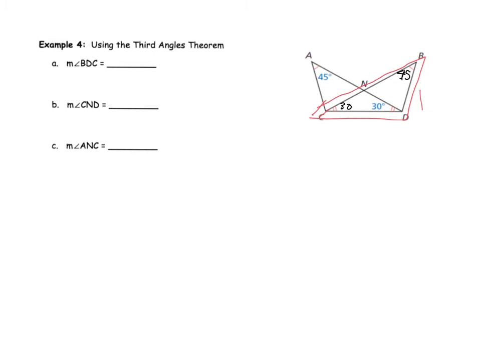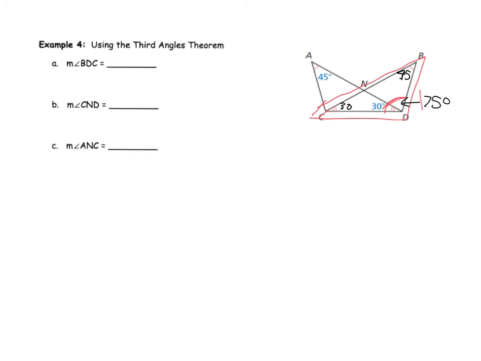I know this little piece is 30, this little piece is 45. And I know one section of this whole angle is also 30, so we're missing the other piece. So all we really have to do is add all those together and then subtract it from 180. So 45 plus 30 gives me 105. Subtract that from 180, I'm left with 75. So that would conclude that this angle here has to be 75 degrees.